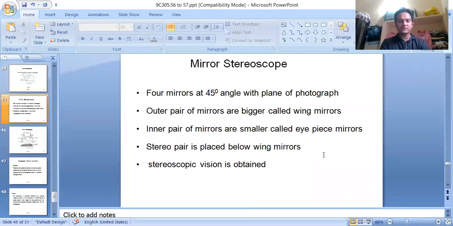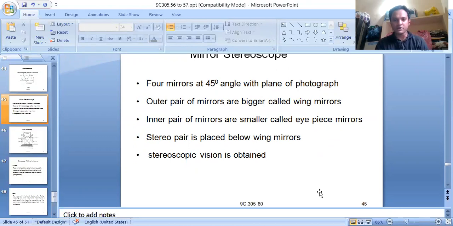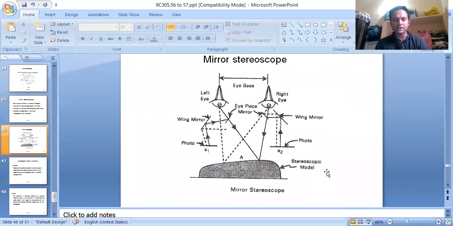So four mirrors at 45 degrees angle with the plane of the photograph. This is about the mirror stereoscope. The outer pair of mirrors are bigger, called wing mirrors. The inner pair of mirrors are small, called eyepiece mirrors. We will see the diagram again so that we will get full clarity. So this is the left eye and this is the right eye from which we are seeing.